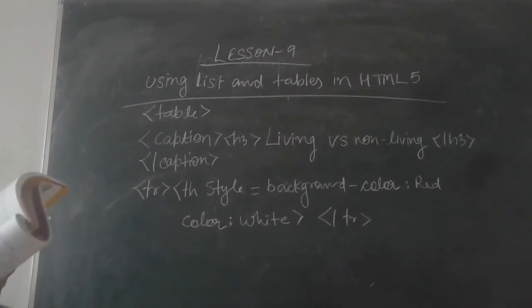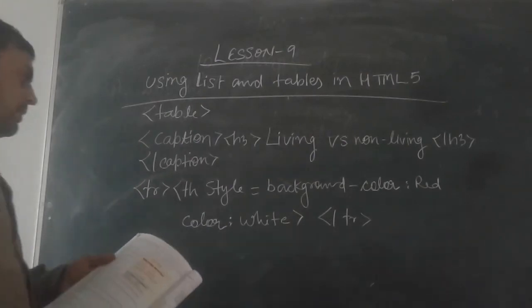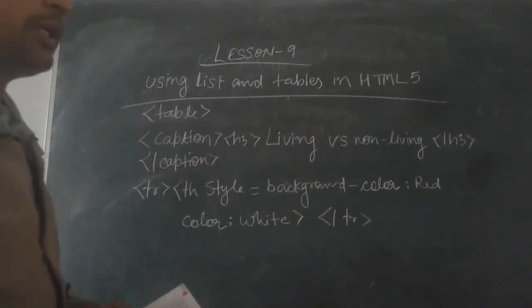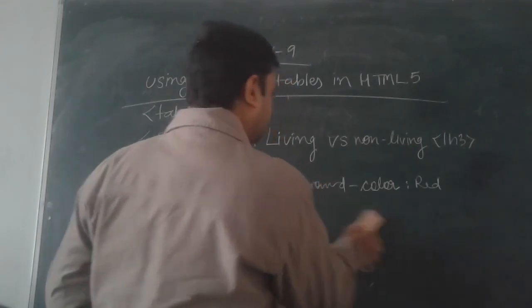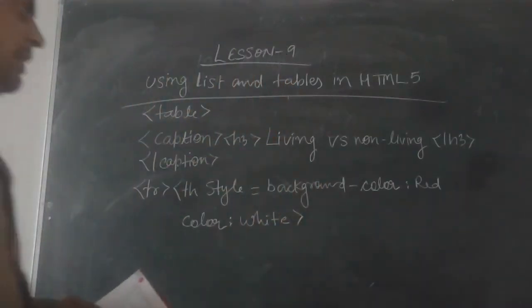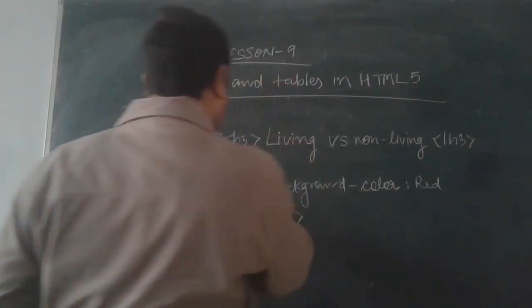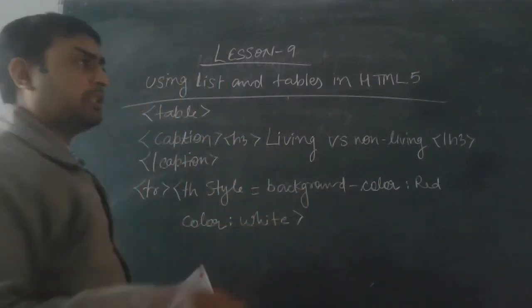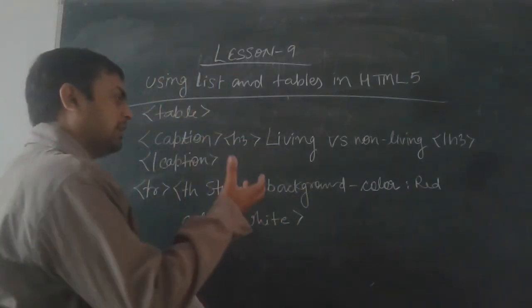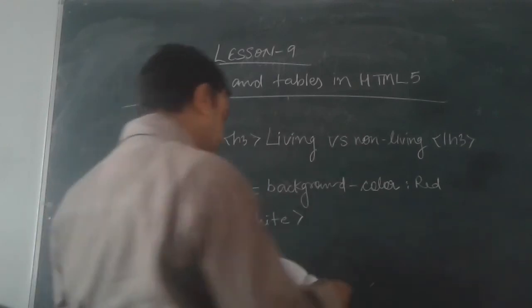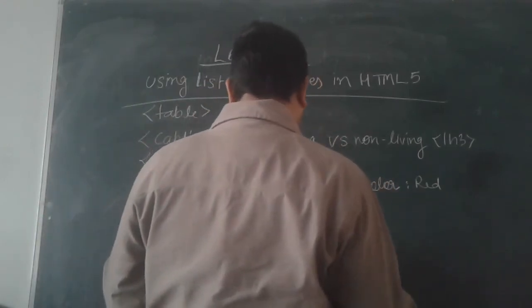Next is non-living. If you want to write some more text here, then you can write the text. All these are the styles, and then the text is whatever you want, meaning the element on which it will be applied. So that is non-living things.